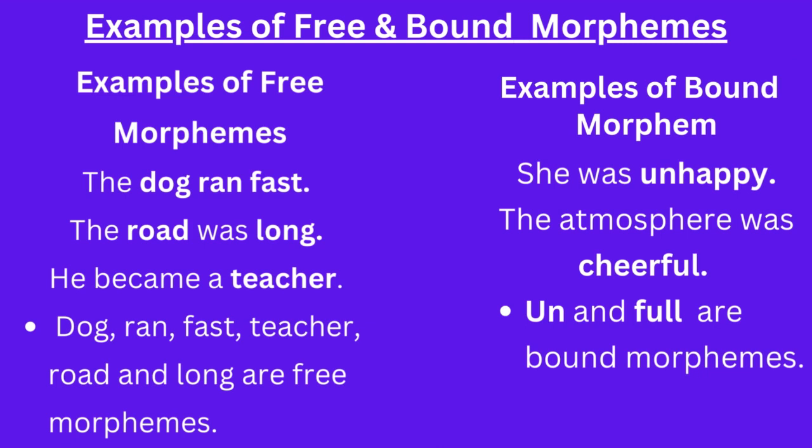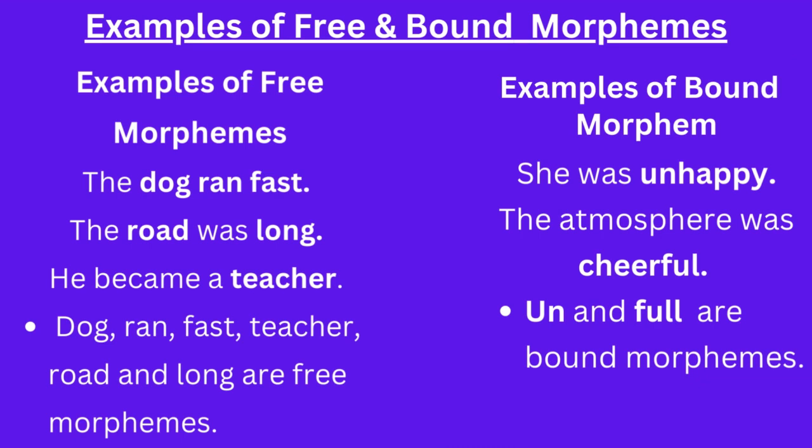Now the bound morpheme. In the example she was unhappy, if we separate un from happy, we will have different words and different meanings. But if we attach un, that is a bound morpheme, we have a complete sense of the word, that is, she was unhappy. Here unhappy is formed by attaching the bound morpheme un to the free morpheme happy.